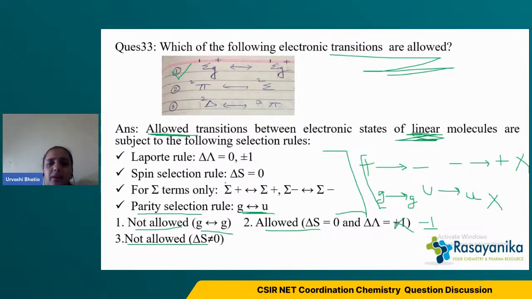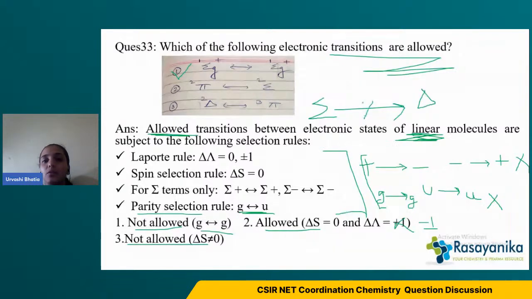And similarly, when delta S is not equal to 0, that will not be allowed. Or if the change in orbital angular momentum is not 0 or plus minus 1. For example, if we go from a sigma term to a delta term, that will not be allowed, right?